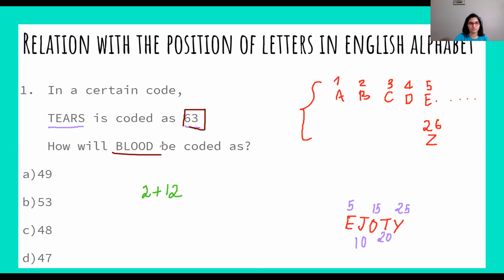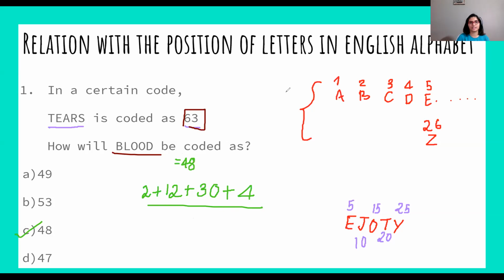O is 15, so 15 plus 15, I write 30 directly. And then D is 4. So when we calculate, we find 2 plus 12 plus 30 plus 4 is 48. Yes, it's 48. So our correct answer is C. So BLOOD will be coded as 48.